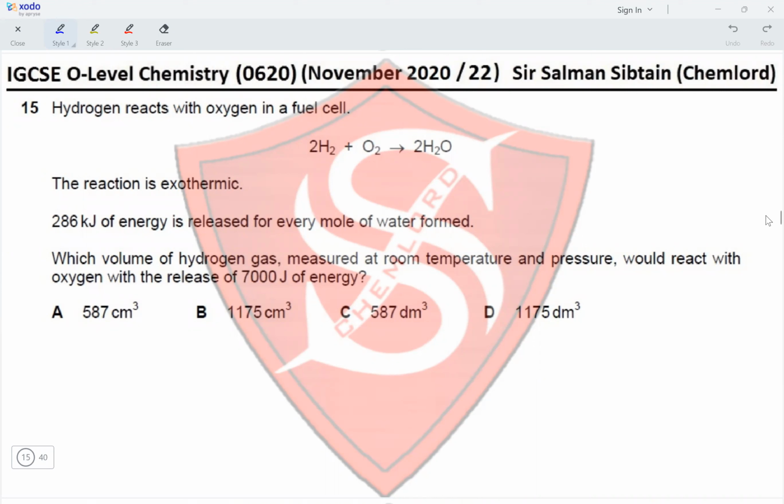So this would be 7,000 joules divided by 286 kilojoules, which would give us a value of 24.476 moles.